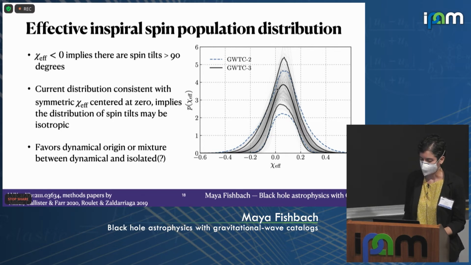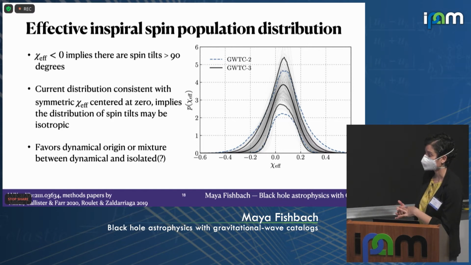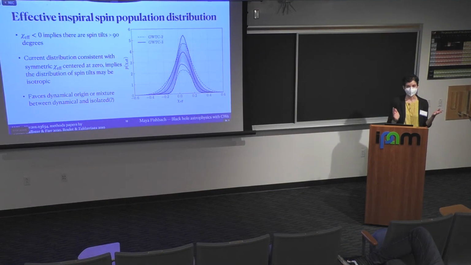And one thing that we are very interested in is, are there any systems with this effective inspiral spin being less than 0? Because that implies that there are spins that are misaligned by more than 90 degrees.